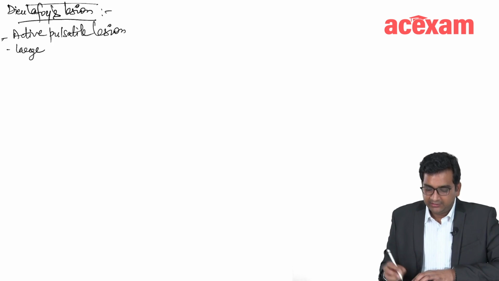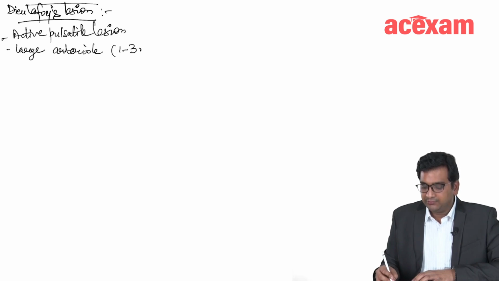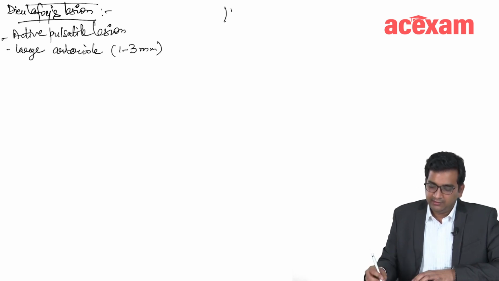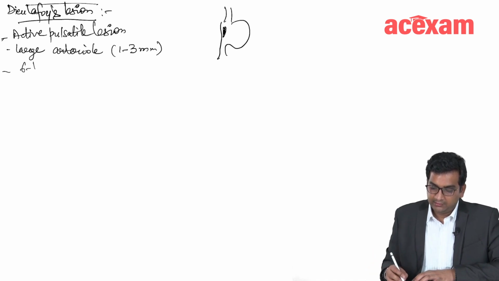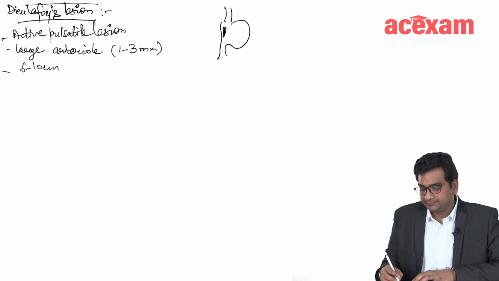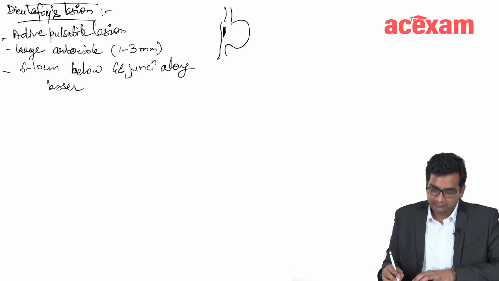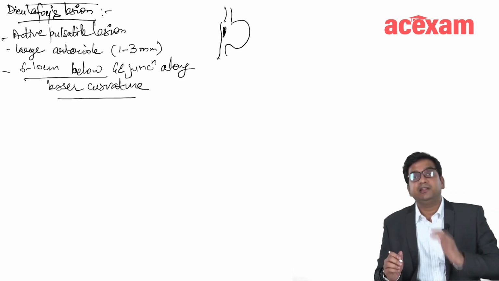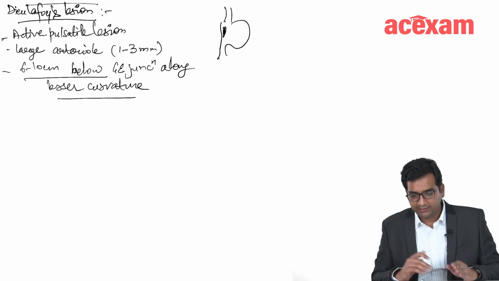There is presence of a large arteriole of size 1 to 3 millimeter, which is generally present at this location. This is 6 to 10 centimeter below the GE junction along the lesser curvature. So this is present 6 to 10 centimeter below the GE junction along the lesser curvature.